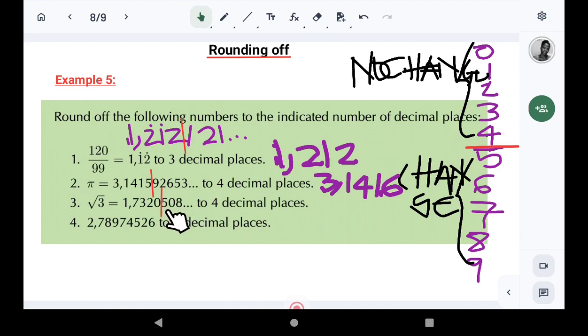That is 5. 5 falls under the change zone, so the 0 becomes 1. That is 1.7321.